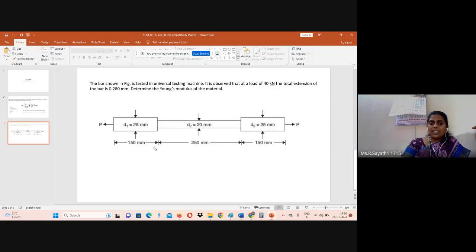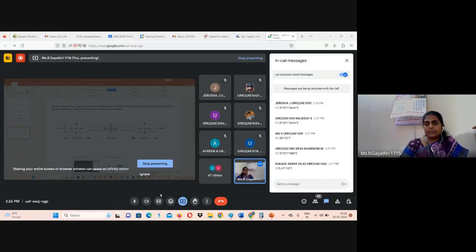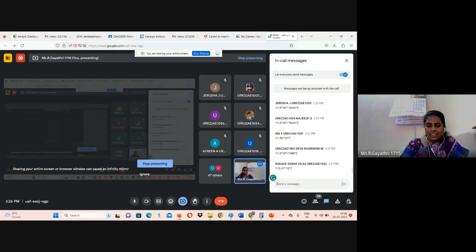You can answer whether load P is applicable only to section 1 or section 3 or section 1 and 2 or section 2 and 3 or section 1 and 3. Everybody can post your answer.